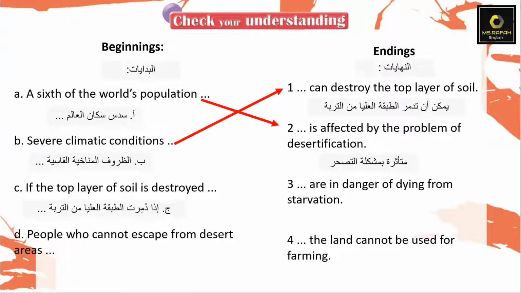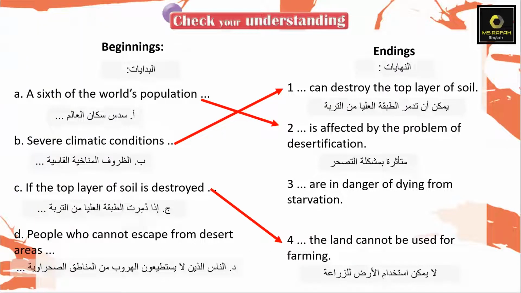If the top layer of soil is destroyed, the land can't be used for farming. People who can't escape from desert areas are in danger of dying from starvation.